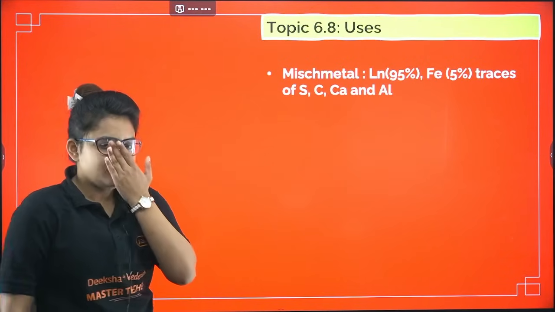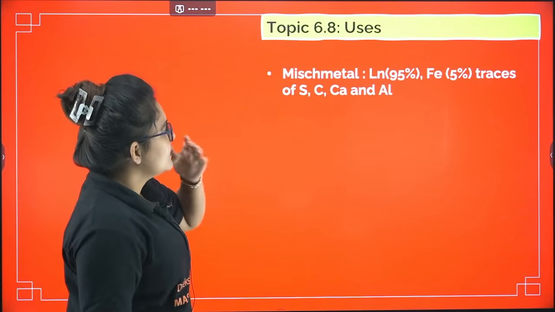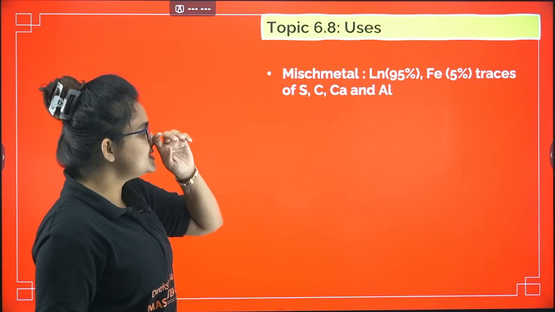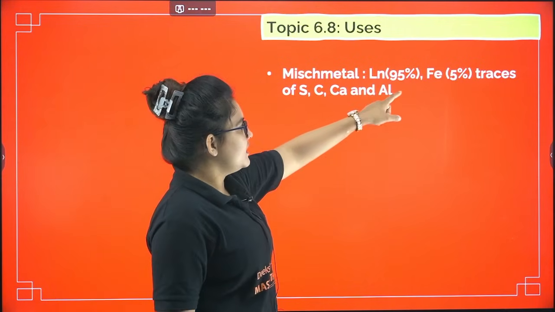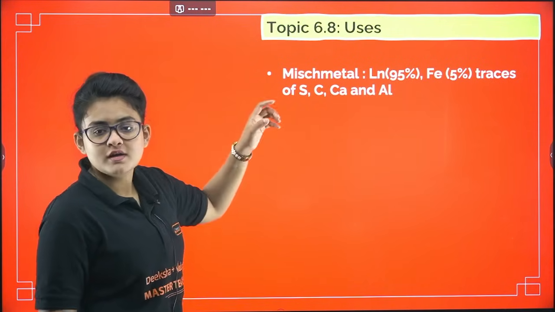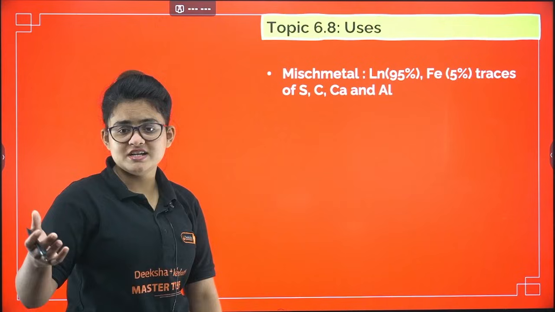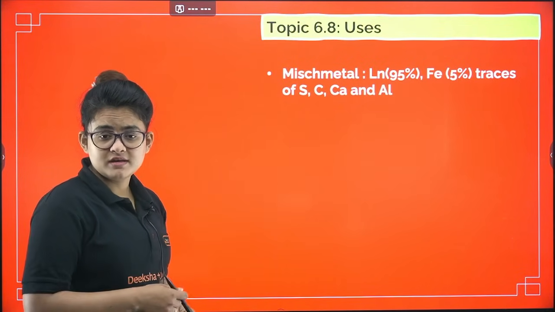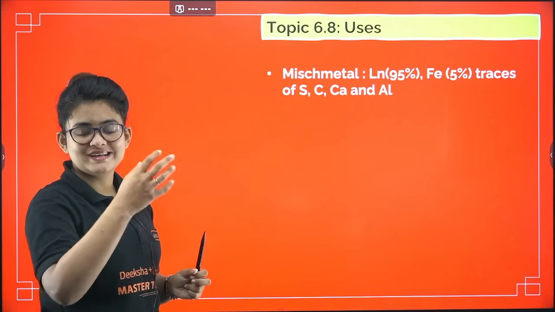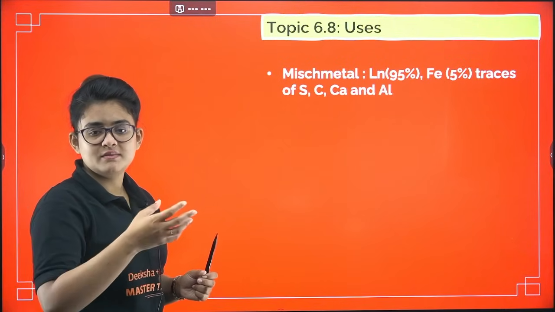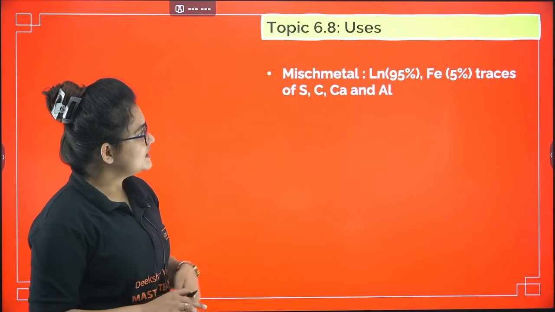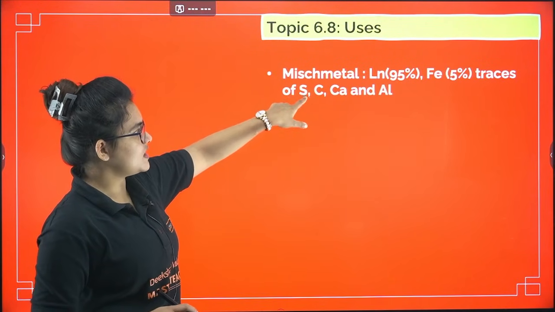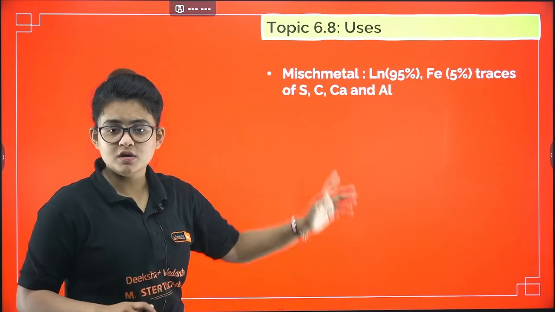What is mischmetal? Mischmetal is basically lanthanum with iron in this particular composition, along with traces of other elements such as calcium, aluminium, carbon, sulfur. Like lanthanum 95%, iron 5% with traces of sulfur, carbon, calcium and aluminium, they are called mischmetal.